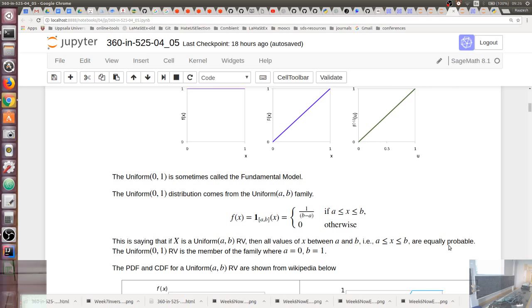If you can flip a fair coin infinitely often, then this is essentially equivalent to producing a uniform 0, 1 random variable. Do you see why they're the same?